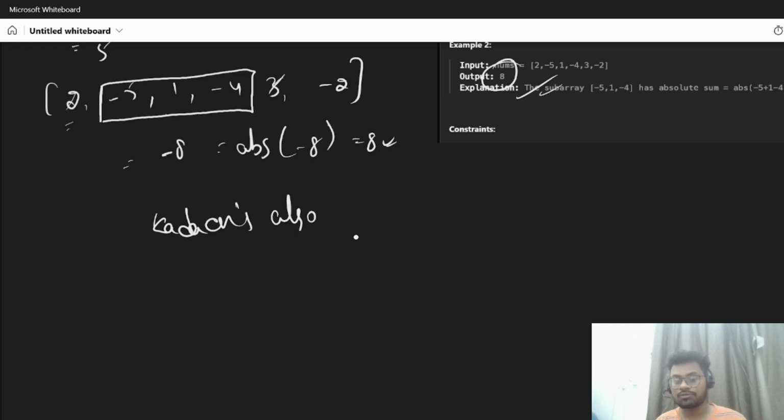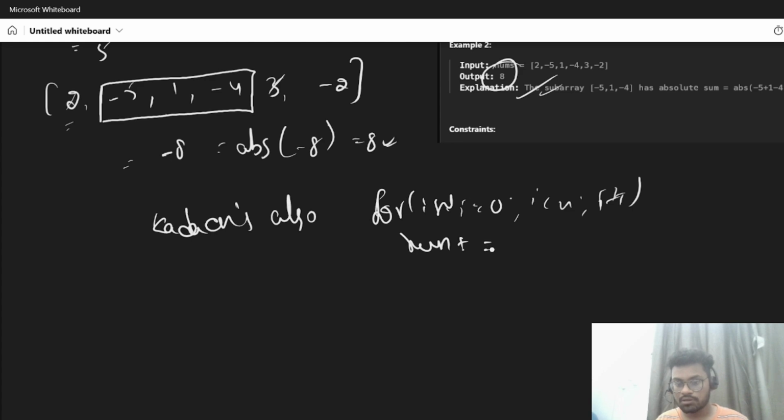Kadane's algorithm iterates over the elements, with sum plus equal to array of i, and answer is equal to max of answer comma sum.